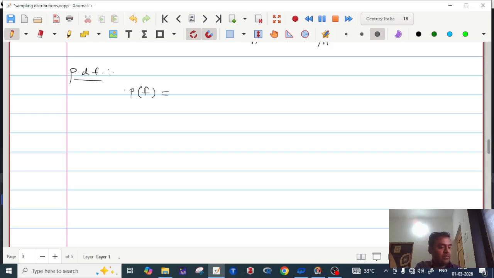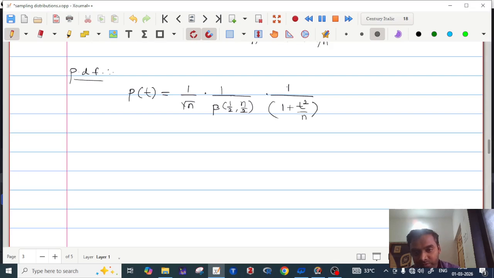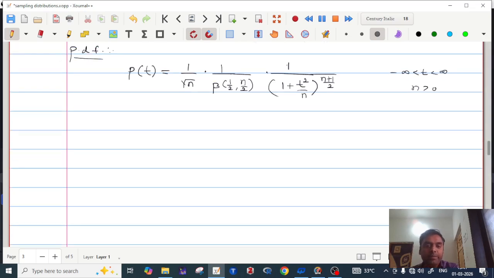It is defined as P of t equals 1 upon under root n into 1 upon beta 1 by 2 comma n by 2, multiplied by 1 upon 1 plus t square upon n raised to n plus 1 upon 2. The range is minus infinity to infinity, and n is positive. This is the PDF of the t distribution.